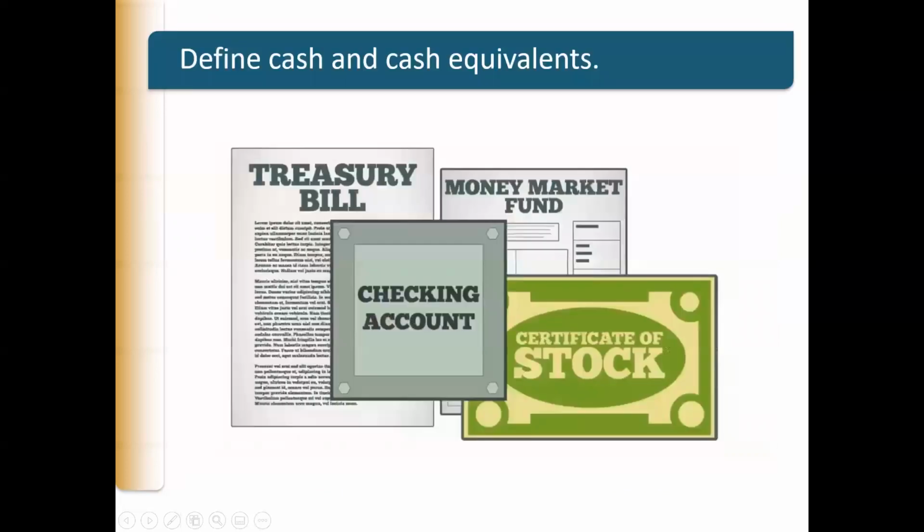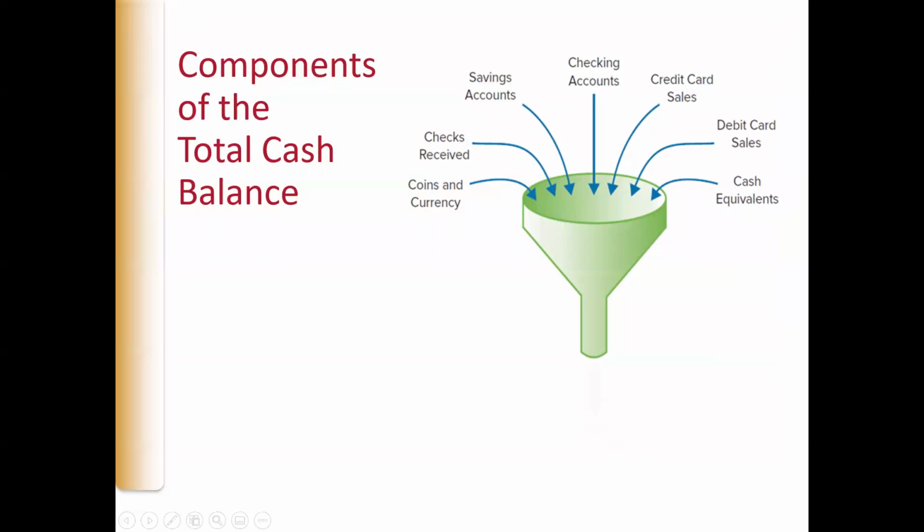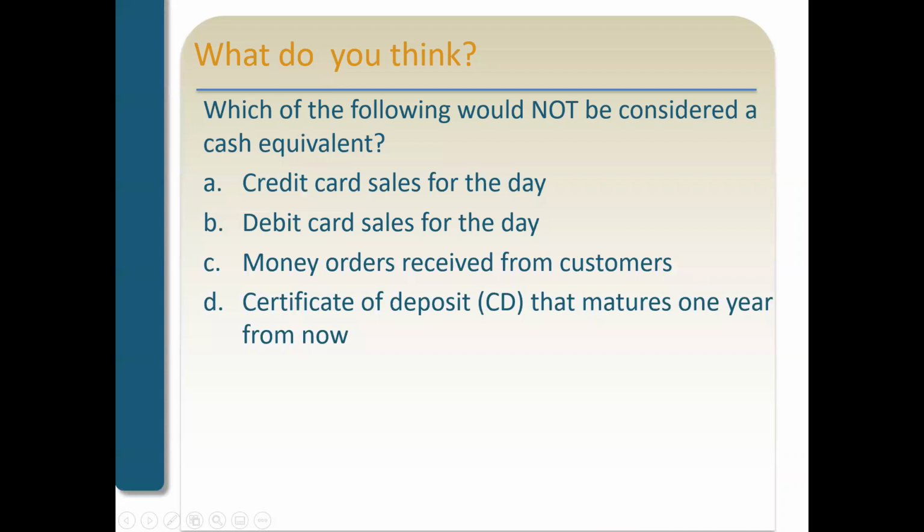So cash, what is cash? Well, cash can be cash, coins and currency, checks, savings accounts, checking accounts, credit card sales, debit card sales, and cash equivalents. All of this totals our cash balance.